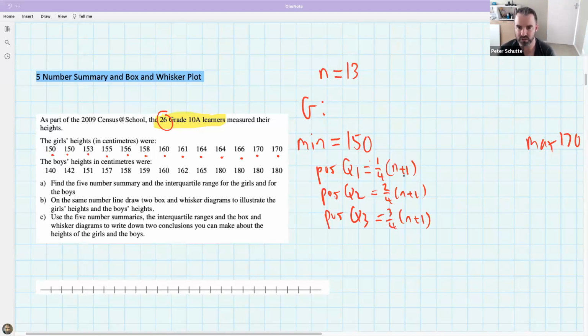So using what we now know, the position of Q1 for girls is going to be a quarter times 13 plus 1, which is 14 times a quarter. Now, what's that position going to be? What's 14 times a quarter? Okay, so we have 3.5.